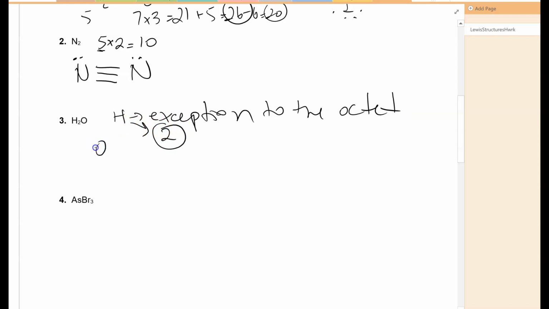Having said that, you've probably already seen the water molecule look like this many times. So you can draw it this way, or you can, of course, draw it the regular way. And then you can put the lone pairs like that. But hydrogen only has 1. It shares 1. Oxygen has 6. So it makes 2 bonds, and they're all satisfied with the octet.